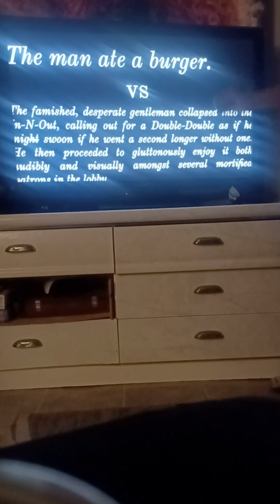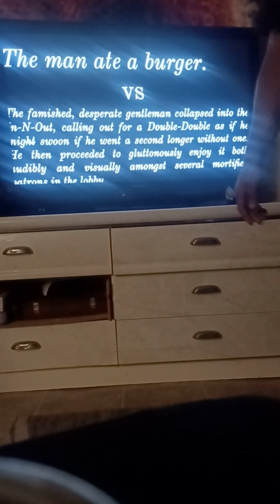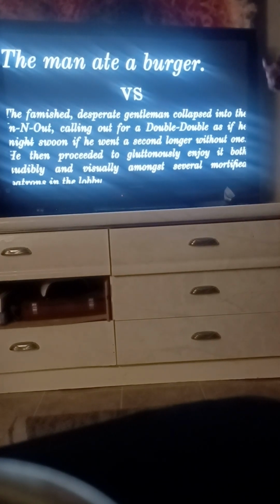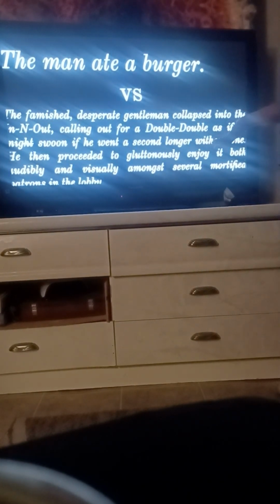So, for instance, I wrote "The man ate a burger," a basic, simple sentence, and we have that versus the following sentence, which is far more advanced, if you will, in regards to what details it provides and how in depth it goes into the situation.